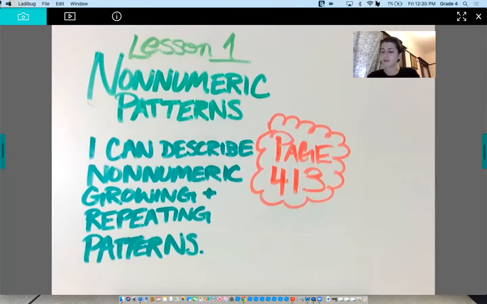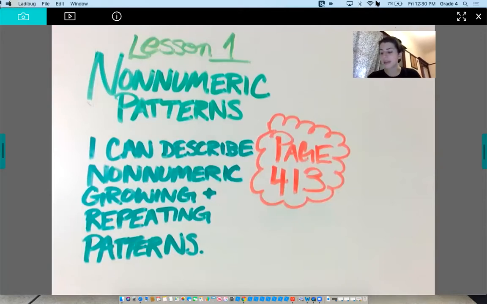All right, so let's look at on page 413, our definition of pattern. Read it with me. Point your finger on that highlighted word pattern in your book. Let's read along together. A pattern is a list of numbers, figures, or symbols that follow a rule.